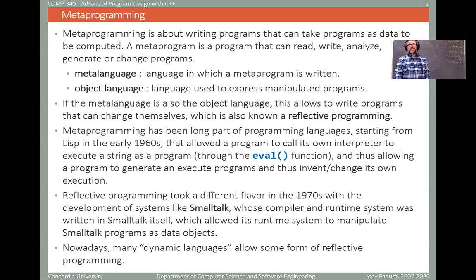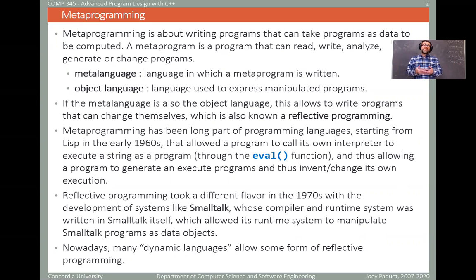Very often, the language that you use for metaprogramming is not necessarily the same as the programming language itself. For example, if you're using a language to generate programs, the language that you use to express the generation of programs is not necessarily the same language as the one you generate the programs into.